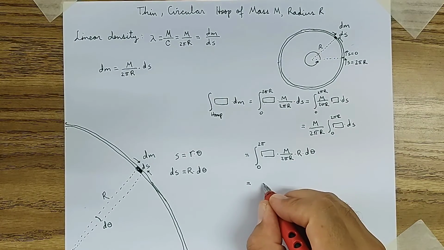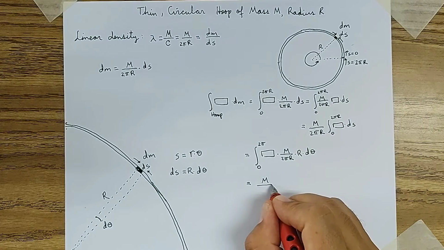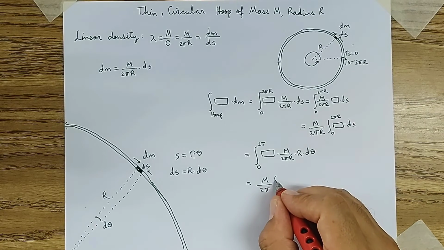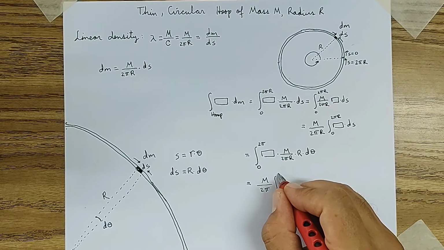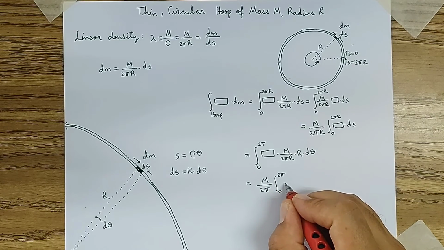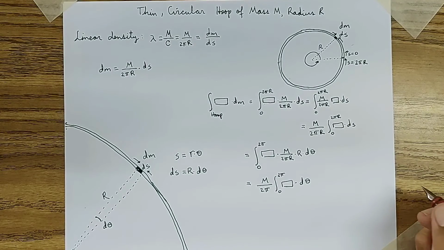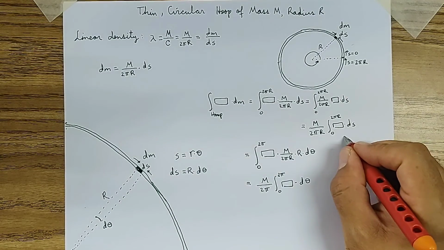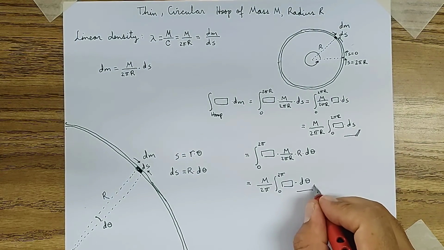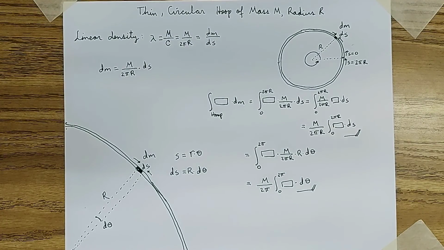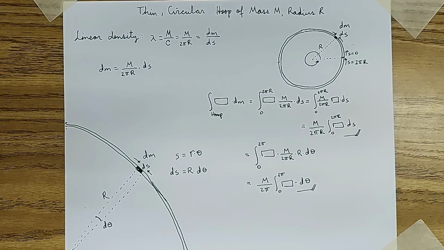Simplifying this a little bit, you can convert it to mass over 2 pi, integral of 0 to 2 pi of the function times d theta, because the radius cancels out. So these are two ways in which you can take the integral of any function around the hoop.